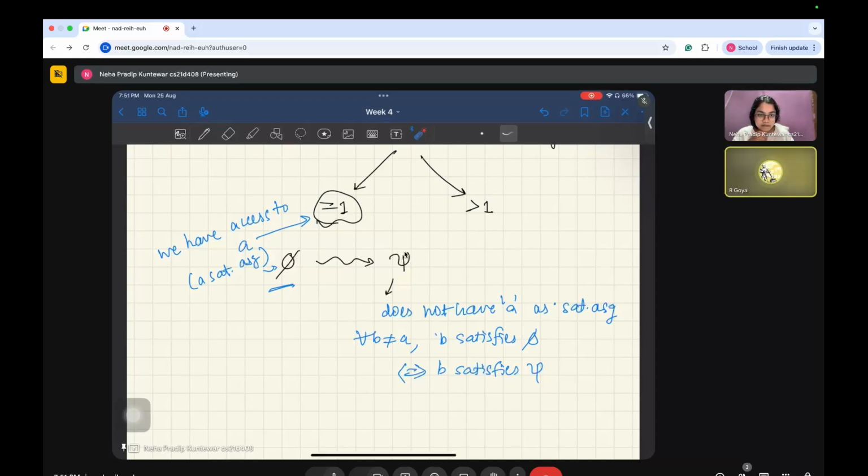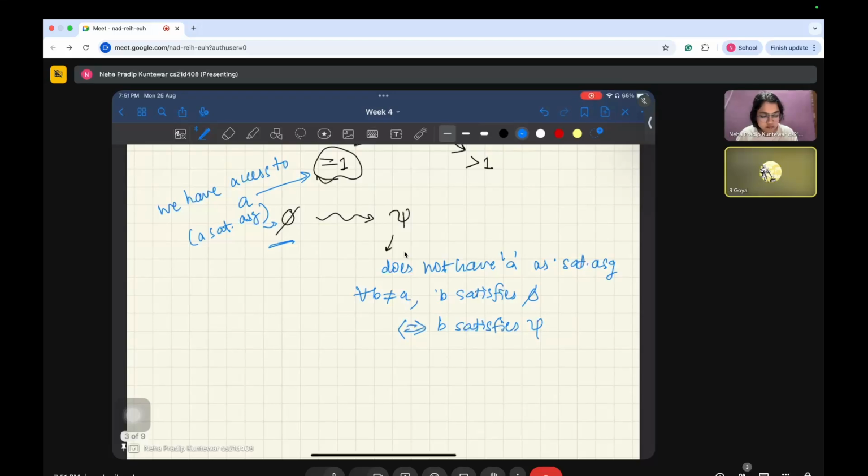If I can construct psi from phi, then I will ask the OTM whether this has a satisfying assignment. The OTM must say yes because this is satisfied for so many B's, but not for A. But then how do we know whether this has a satisfying assignment or not?